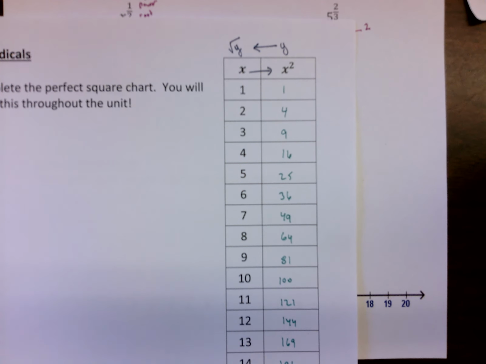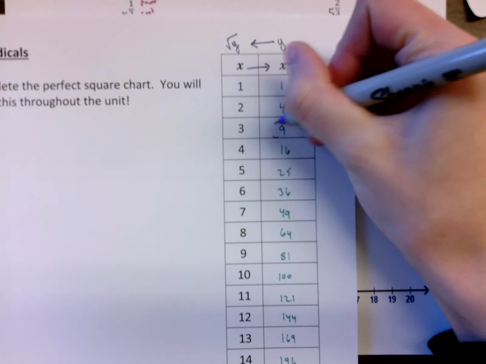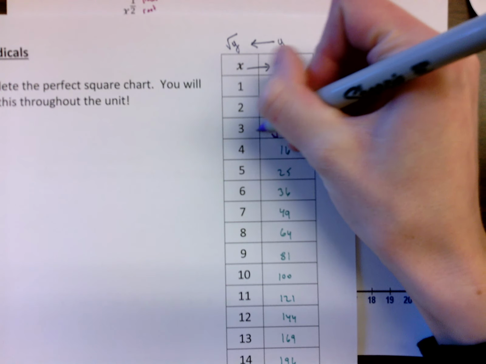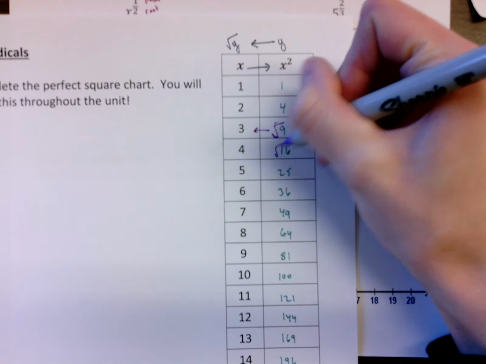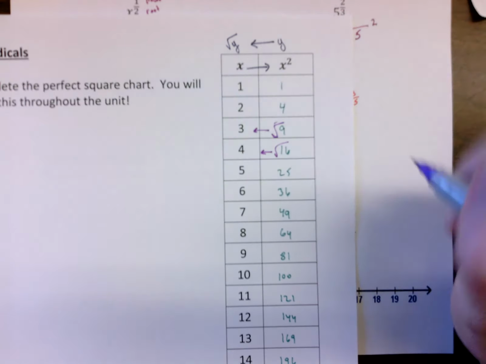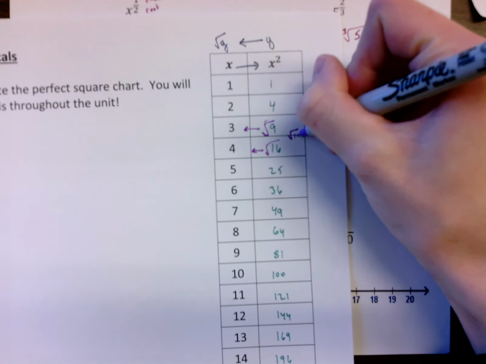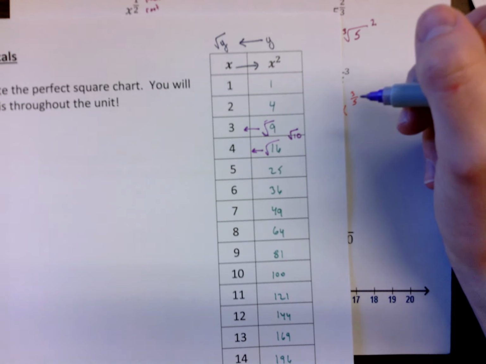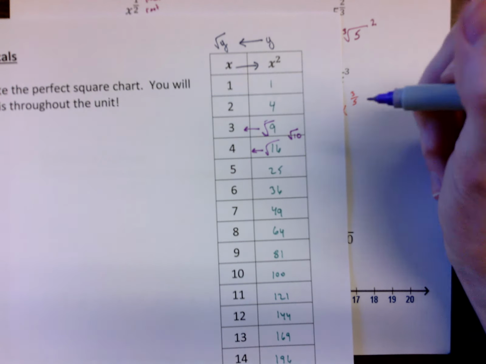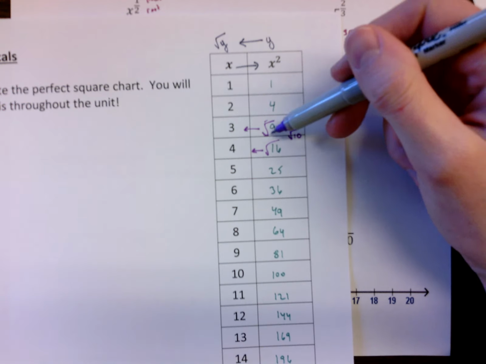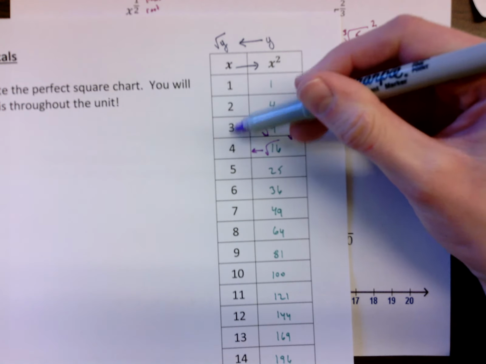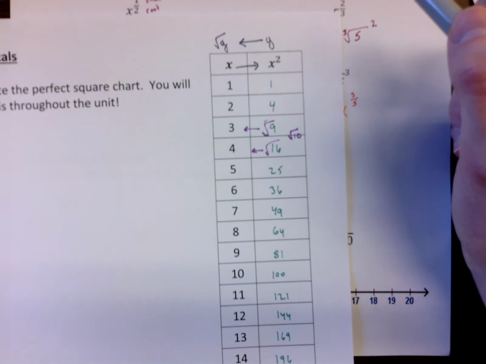But what I can do is I can say, all right, well, I know that the square root of 9 would get me 3. And the square root of 16 would get me to 4. The square root of 10 would be somewhere in between those. So the square root of 10 has to be somewhere between 3 and 4.